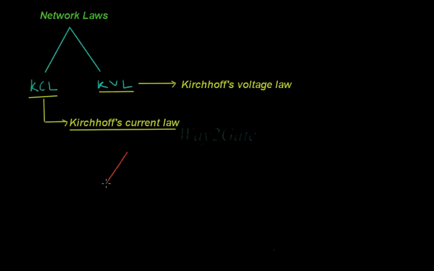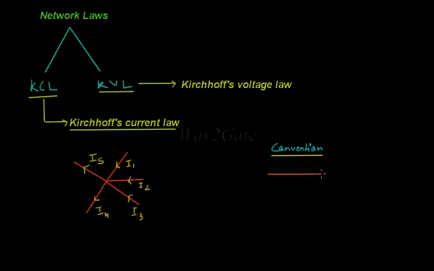Let's talk about KCL first. Consider a point where different circuit elements are connected. Let I1, I2 and I3 be incoming currents and I4 and I5 be outgoing currents. One direction of current we will take positive and the other direction negative.